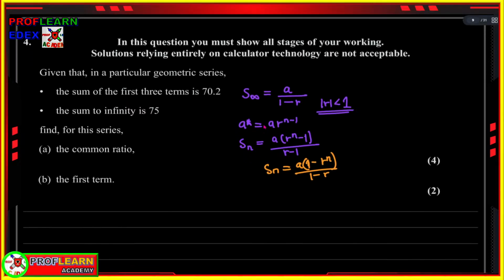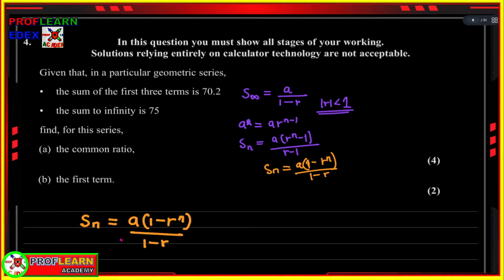But in this case, since we are talking of the sum to infinity and the sum of the first 3 terms, we can say it's the sum of n terms, a into 1 minus r raised to power n, over 1 minus r.